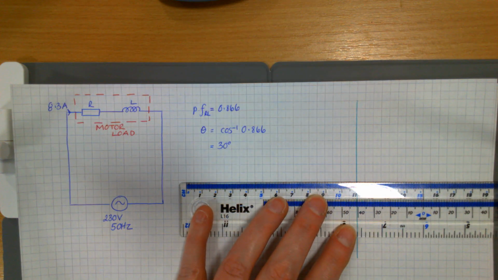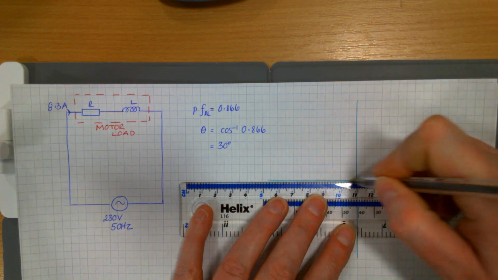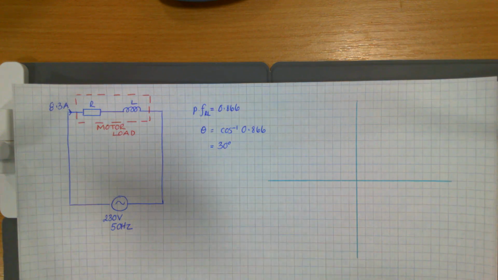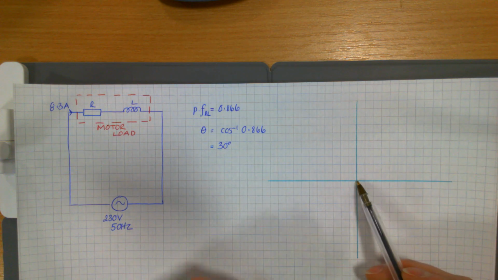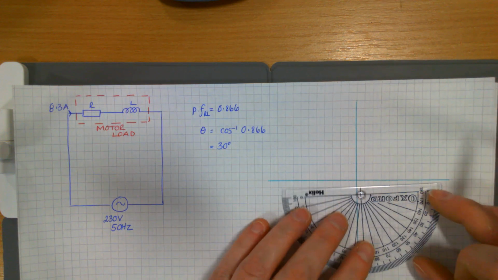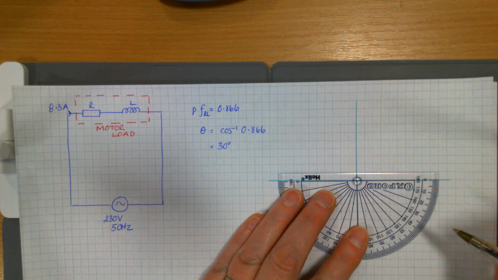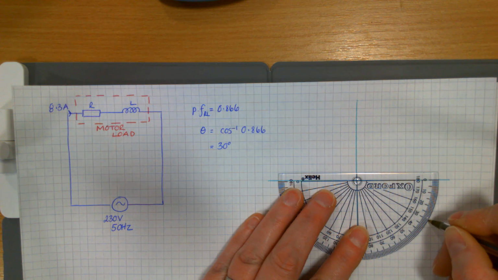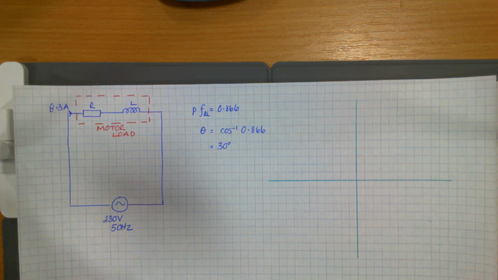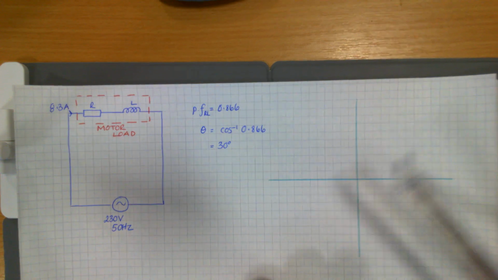If you've got a protractor and a ruler, that's obviously what you need. 30 degrees is 30 degrees from the reference axis, which is this axis going out to the right positively. It is just a sketch, so it doesn't have to be exact, but the better it is, the easier it is for you to work things out.